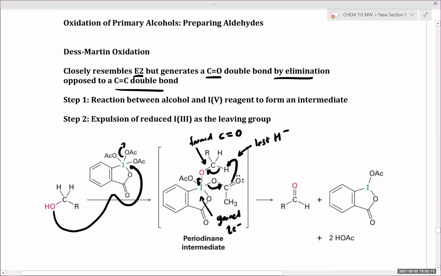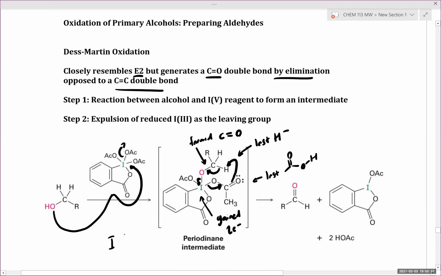The iodine is oxidizing our alcohol and the iodine atom is being reduced. And most importantly, we've lost an equivalent of acetic acid. So acetic acid is the principal byproduct in this oxidation step.